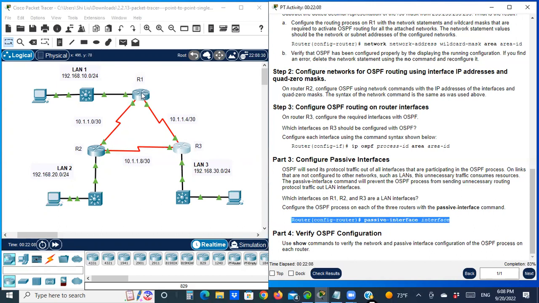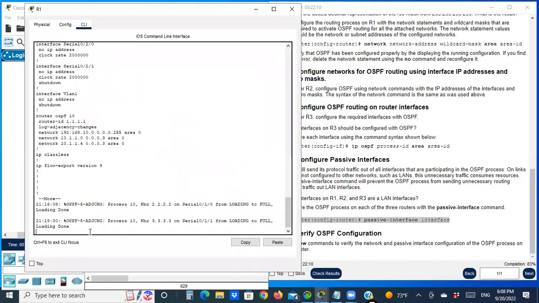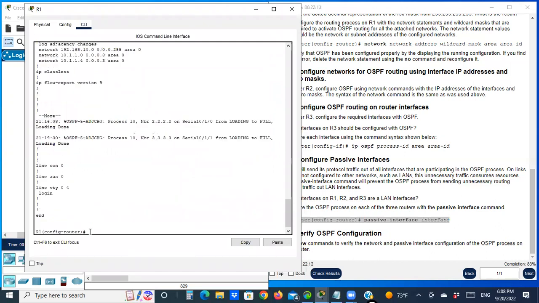Okay, let's go to R1. Remember, we configure passive interface in the router subconfiguration mode.